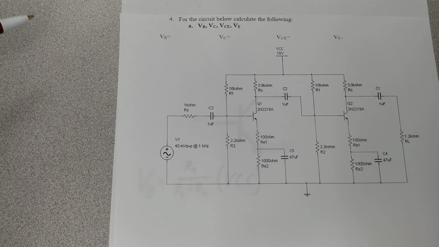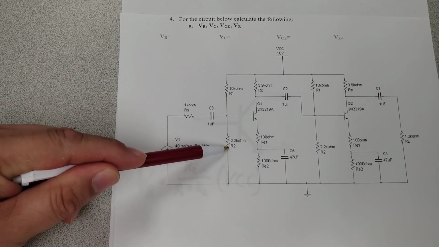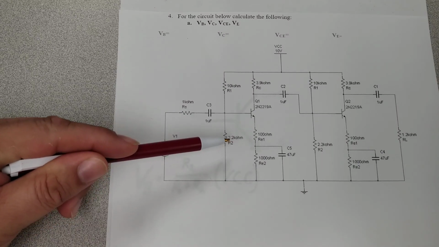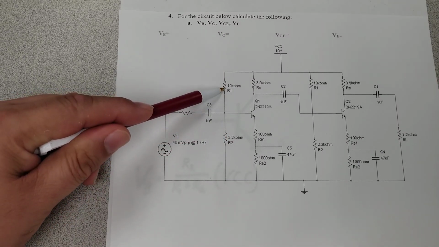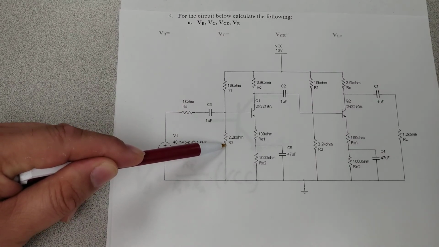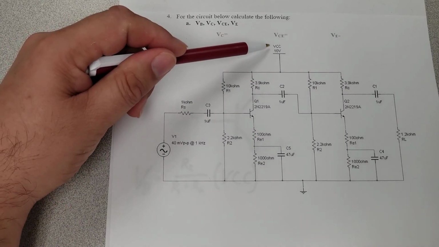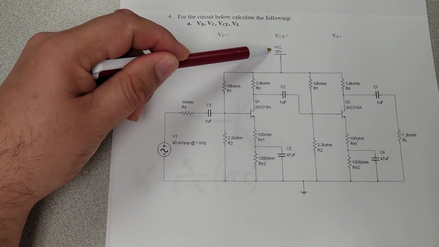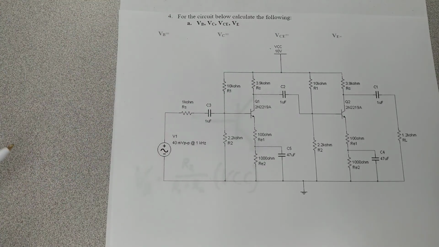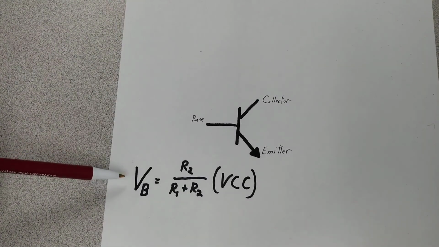It's talking about R2, which we have at 2.2 kilo ohms, divided by R1, which is 10 kilo ohms, plus R2, and then multiply that by our VCC at 10 volts. That's how you find the voltage at base.